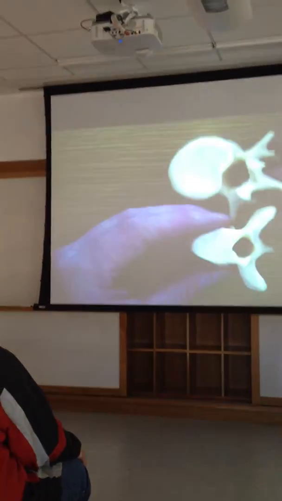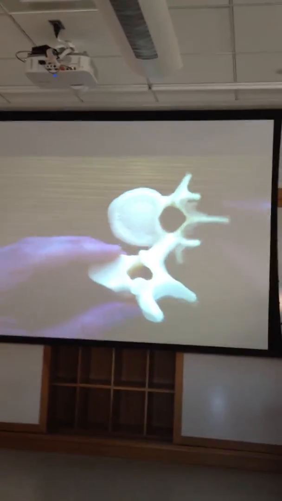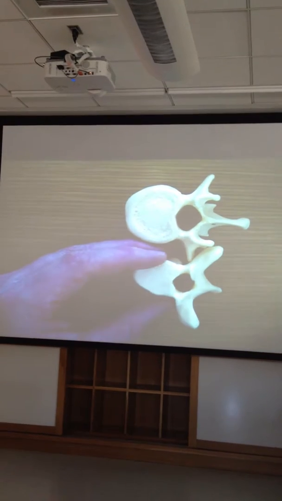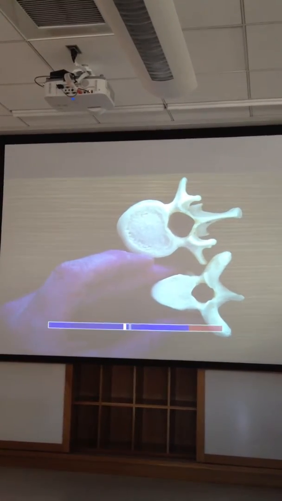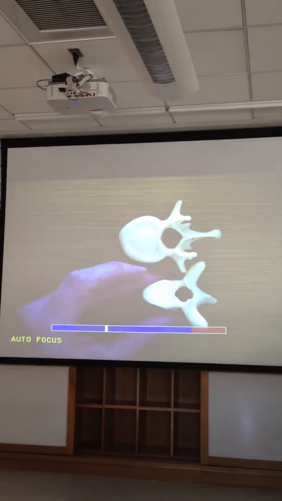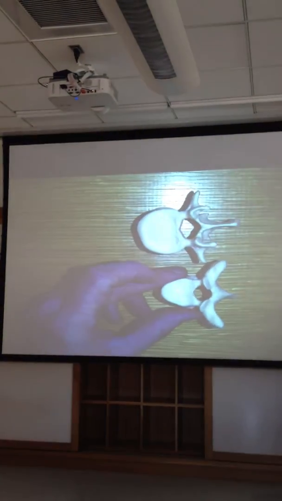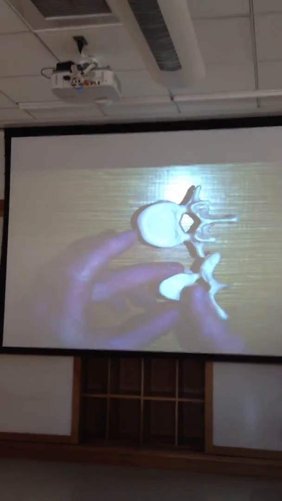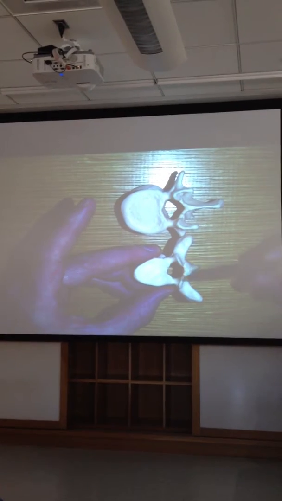The last kind of trick to look at is the direction of the articular processes, the superior and the inferior articular processes. If you look at a thoracic one, like I have down here, these are the superior articular processes.